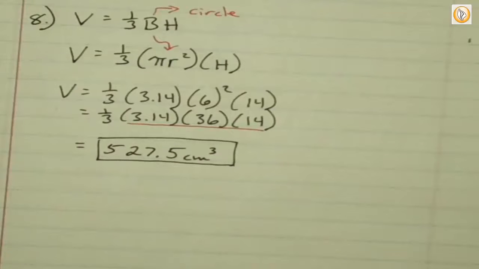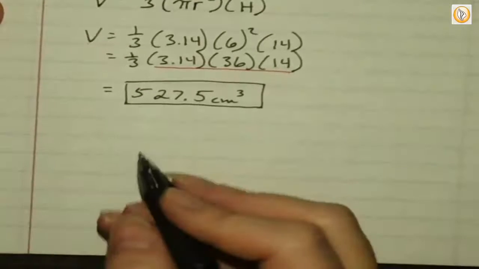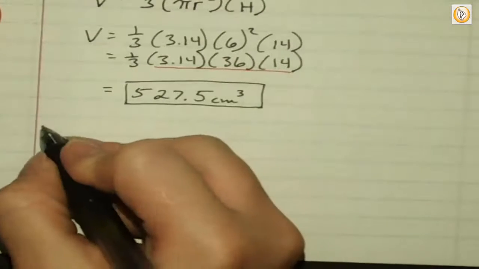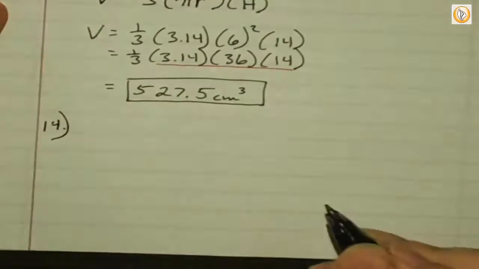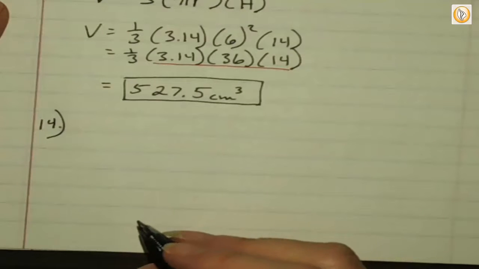Yep. The sphere. All right. Find the volume of the following spheres to the nearest whole unit. That's the only one that they really tell you what to round to.